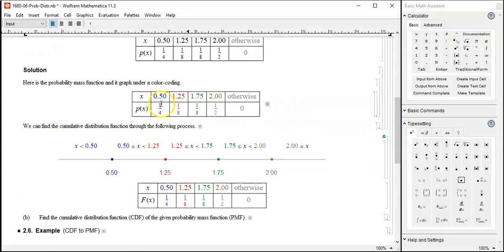We have four possible outcomes here. The x values are 0.5, 1.25, 1.75, and 2.0, and we have appropriate probabilities there. That's the mass function. The mass function is for equations or equalities: capital X is equal to something. Those are points, and those points correspond to these four points: 0.5, 1.25, 1.75, and 2.0.